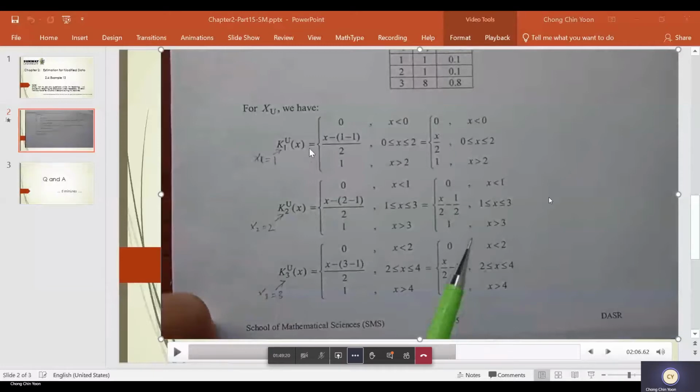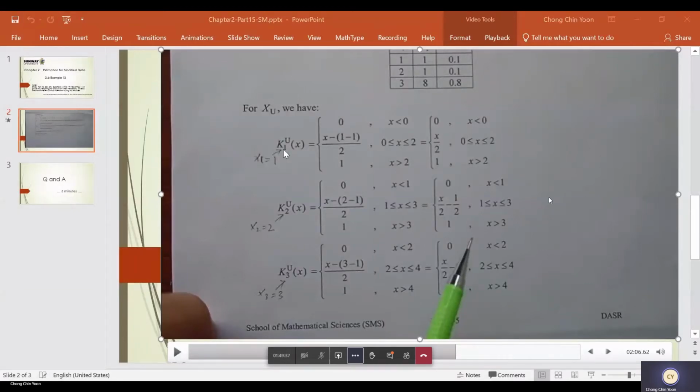Okay, class, here you have to take note because of this K1, K2, K3. Some students may think that this is just a note, just a reference number for the K. No, this one actually is our data.